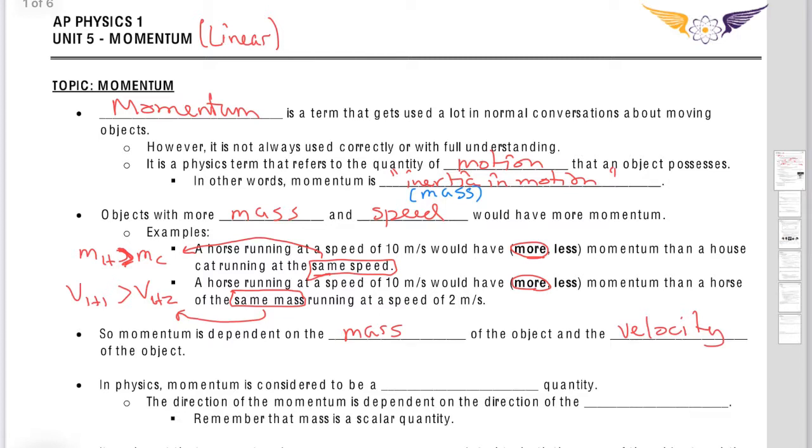In physics, momentum is considered to be a vector quantity, which is why it's velocity and not speed. The direction of momentum depends on the direction of the velocity. If the velocity of the object is positive, then it has a positive momentum. If it is negative, then it has a negative momentum. That's going to be helpful when we talk about conservation of momentum.